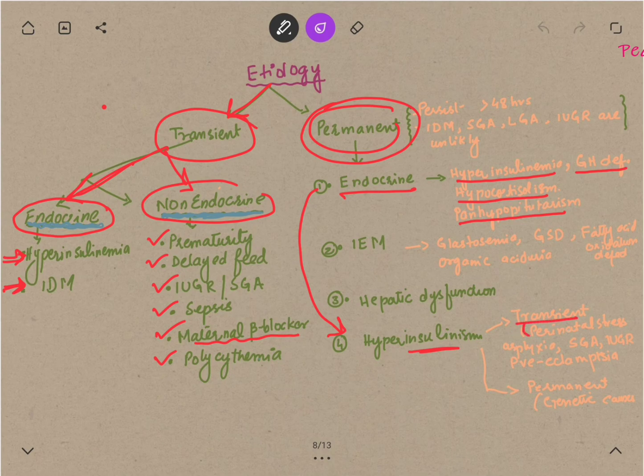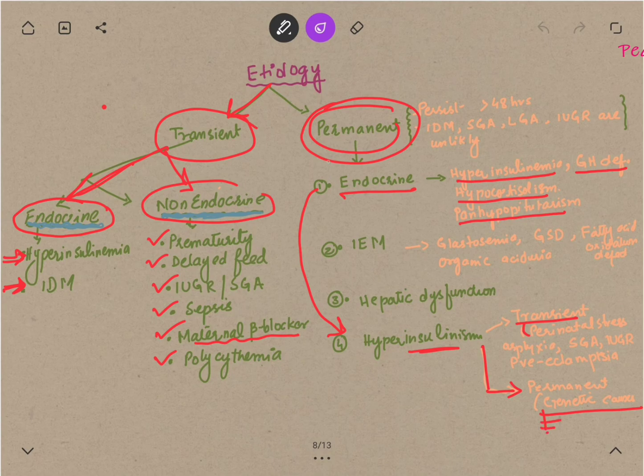Transient, like in perinatal stress, asphyxia, small for gestational age, IUGR, preeclampsia. But sometimes this transient hyperinsulinemia can be prolonged more than 48 hours, so we have placed it in the permanent causes as well. The other major cause of permanent hyperinsulinism is different genetic conditions affecting the receptor levels and insulin secretion.